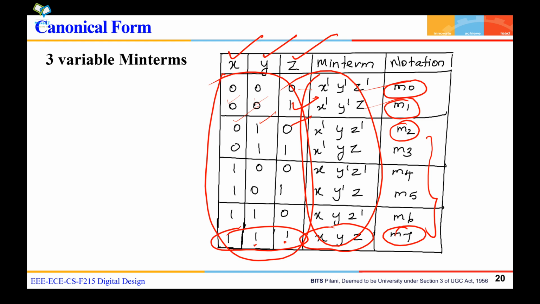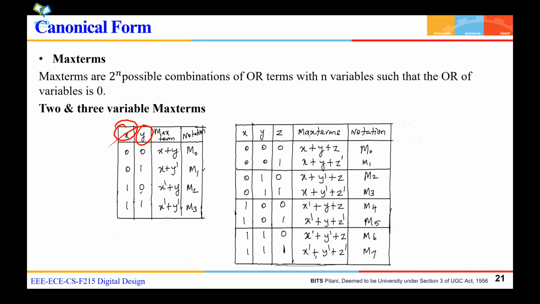Now take the similar approach for the OR operation. Write all four binary combinations of two variables x and y, and write x plus y for each.